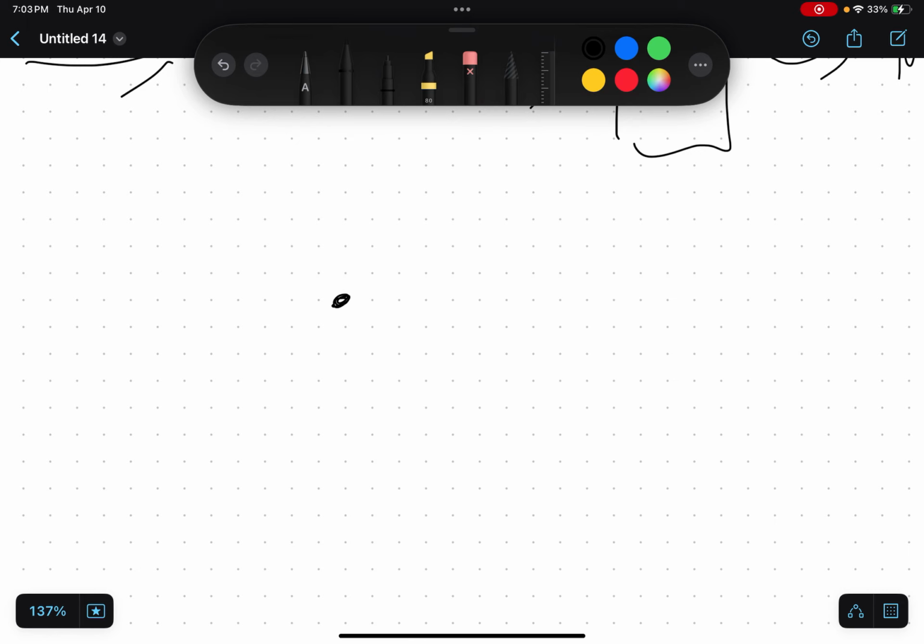So let me just draw, you know what, I have dots, but they're super small, so I'm going to make my own dot, dot, dot, dot. Let's do a couple more. Let's say that these are, say that's vanadium.